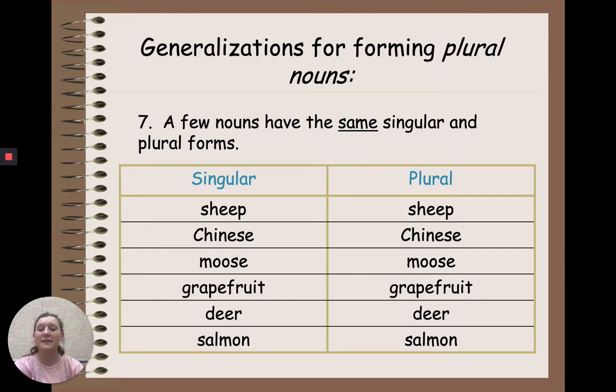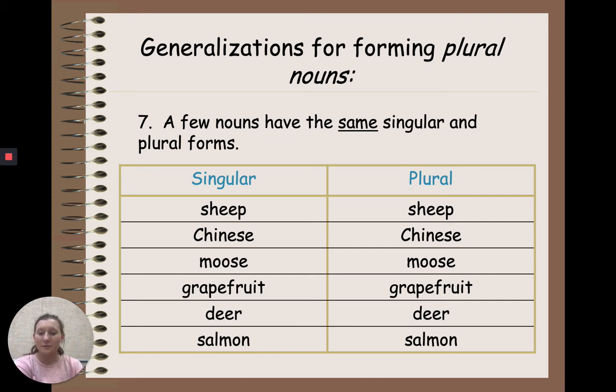Same as for Chinese. So singular is Chinese, plural is the same. The same goes for moose. Now, some people think that the plural of moose is meese, but unfortunately that is not the plural. So moose stays the same whether we're talking about one moose or we're talking about 30 moose.